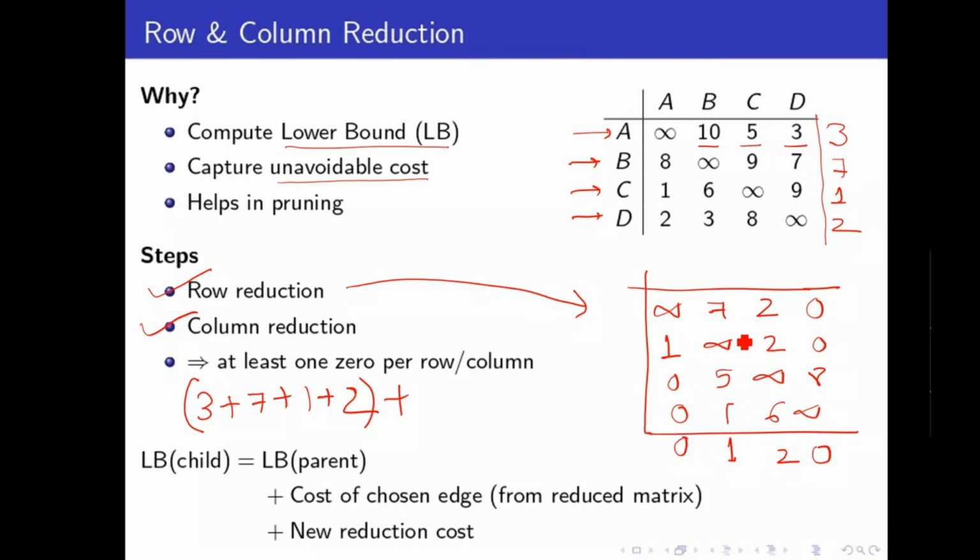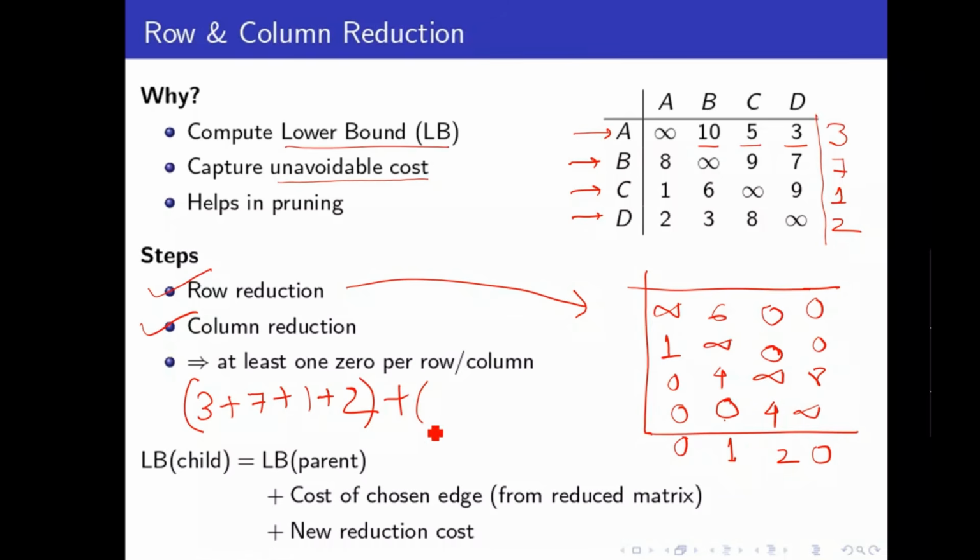So if we subtract 1 from the column, what will we get? This will become 6, this will become 4, this will become 0. And if we subtract 2 here, it will be 0, 0, 4. Right?